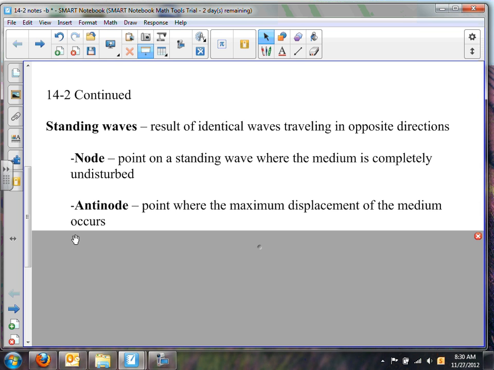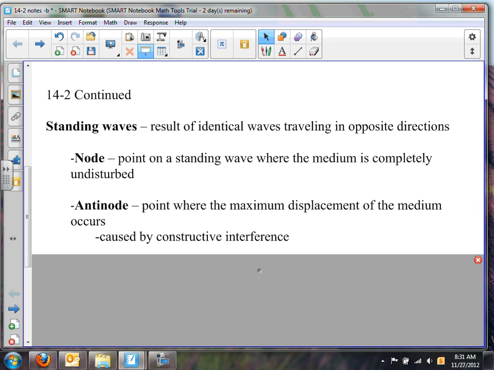The node is the point on the standing wave where the medium is completely undisturbed, and the antinode is a point where maximum displacement of the medium occurs. So the node would end up giving form by destructive interference and the antinode by constructive interference.